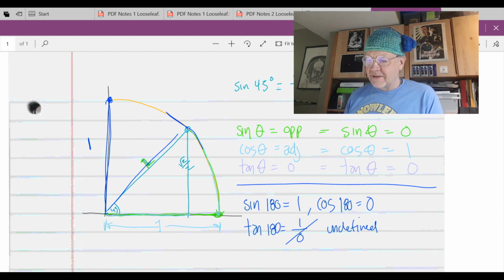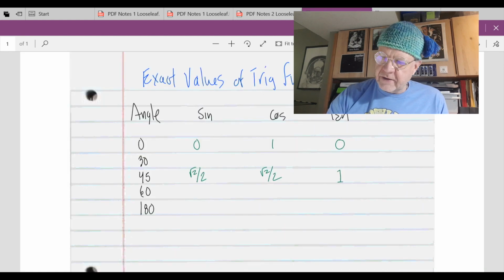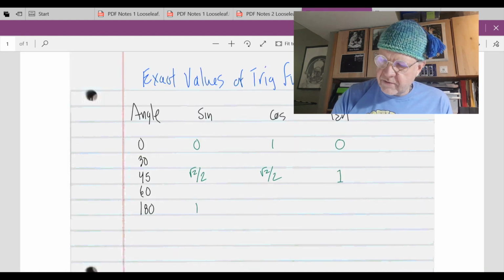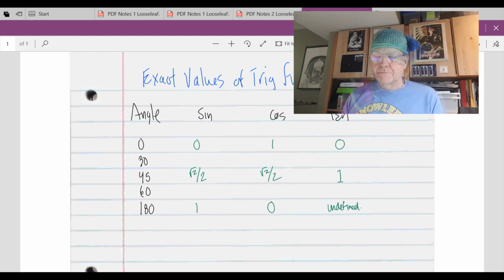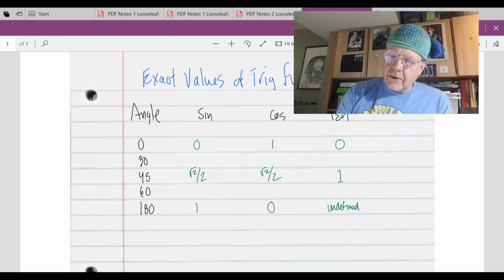Again, look it up in your calculators. Plug in those numbers and you'll see that each of those is absolutely correct. 1 for sine of 180, 0 for cos of 180, and undefined. Cool.